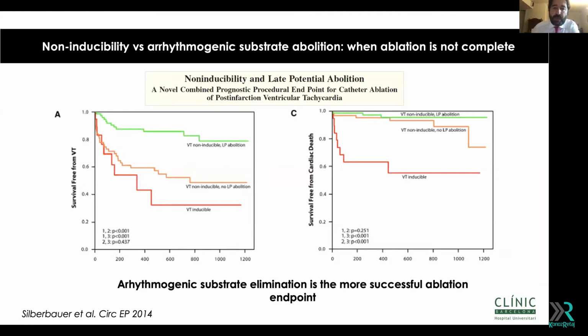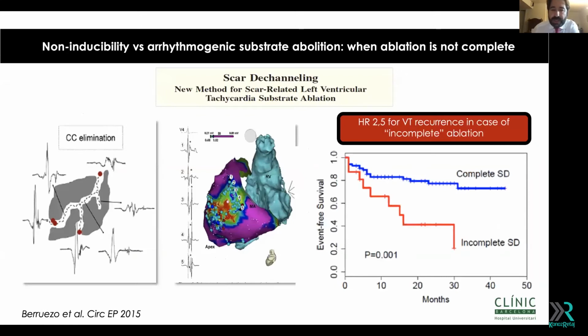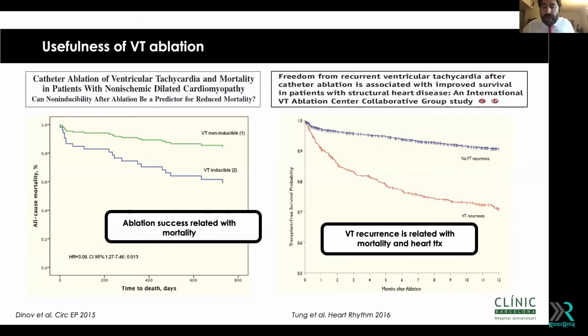That's something that we already showed with our scar channeling technique, that in the patients that we achieved non-inducibility, but we couldn't achieve the full ablation of the substrate, you had a lot of recurrences. But some of you can think, okay, if you have a lot of recurrences, why are we doing VT ablation?